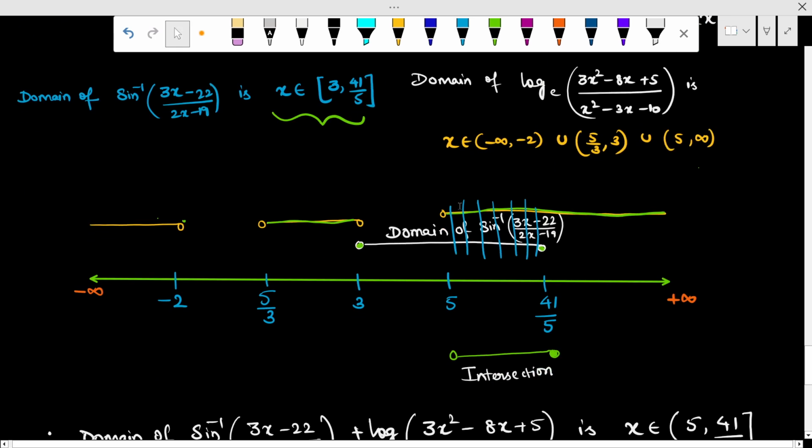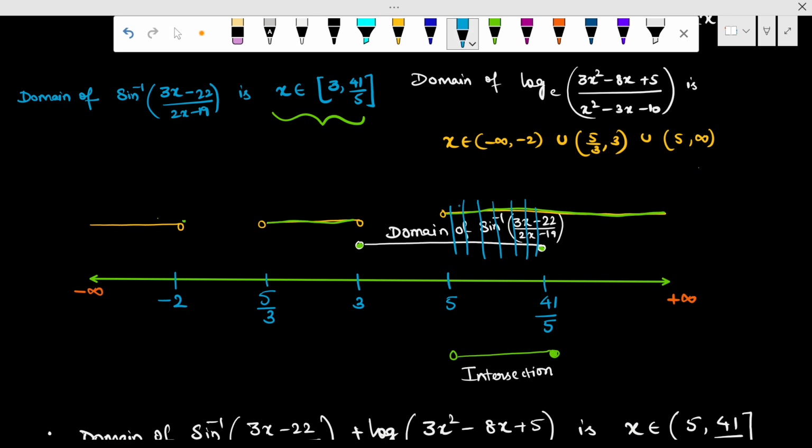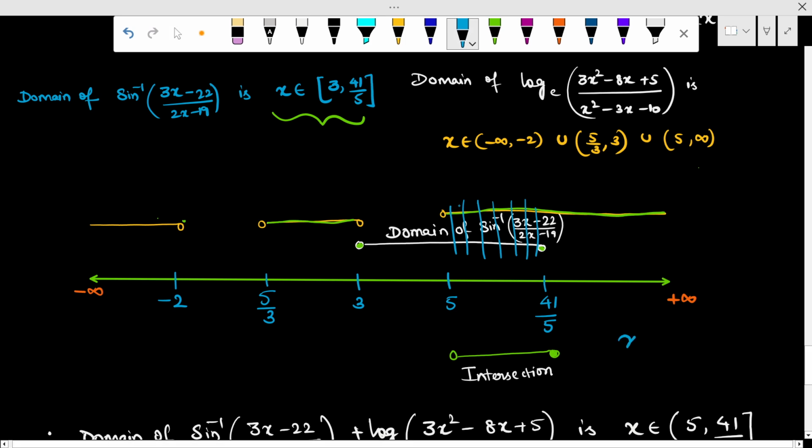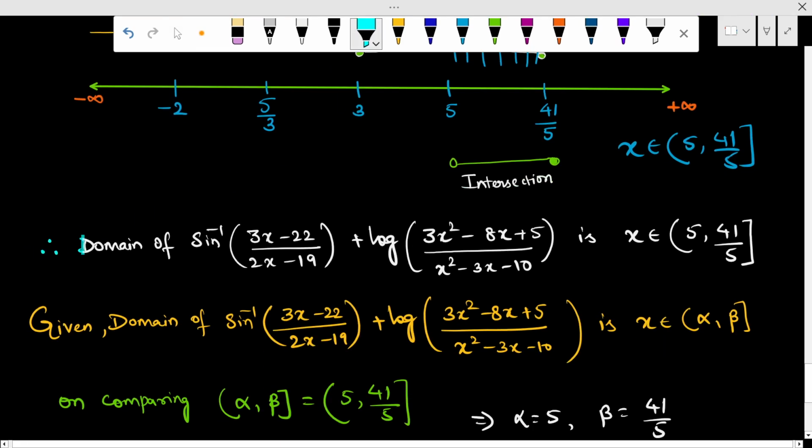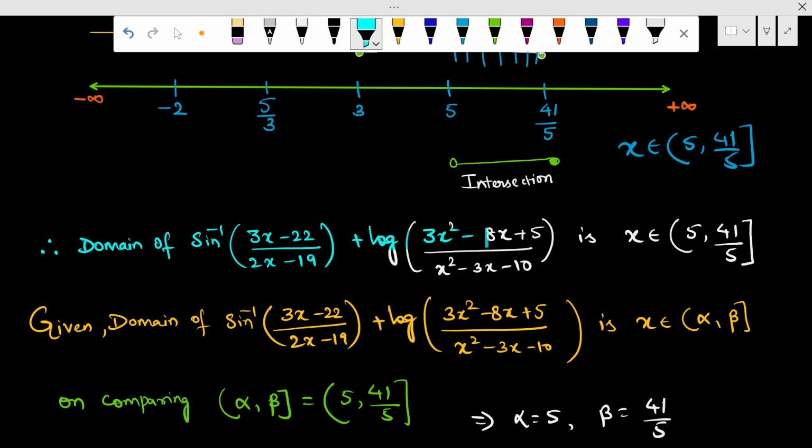So the intersection is 5 to 41 by 5. So the intersection is x belongs to open 5 to closed 41 by 5. Hence the intersection is this. Therefore the domain of sine inverse of (3x minus 22) by (2x minus 19) plus log of (3x square minus 8x plus 5) by (x square minus 3x minus 10) is x belongs to 5 comma 41 by 5.